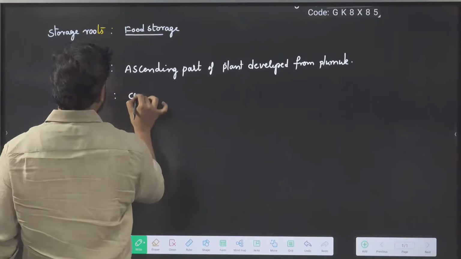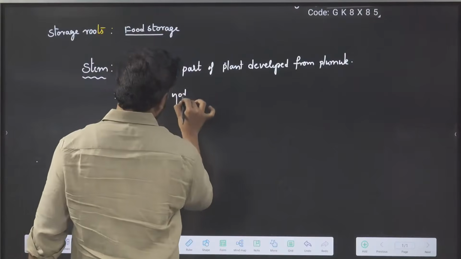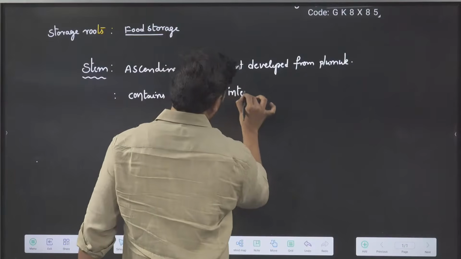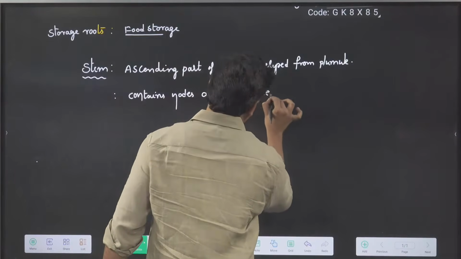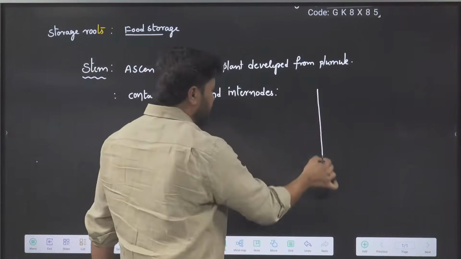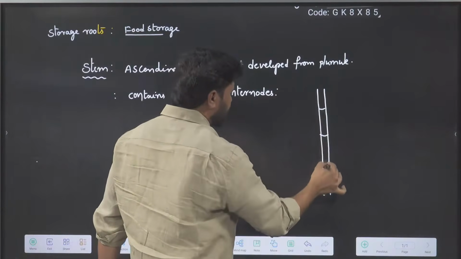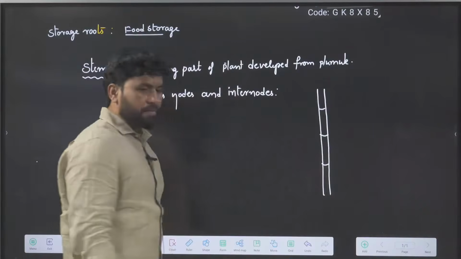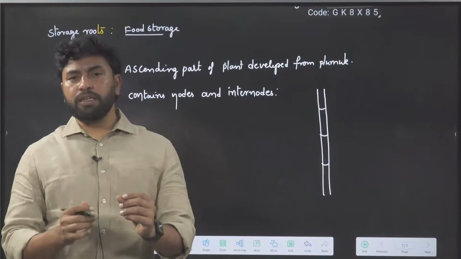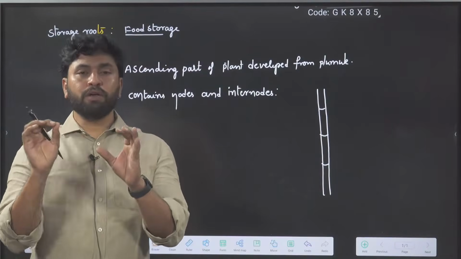Stem contains nodes and internodes. Remember, if you want to recognize where the nodes are on the stem, for example in sugar cane or any monocotyledonous plant, it is very easy to recognize where there is a node, because they show a prominent node.